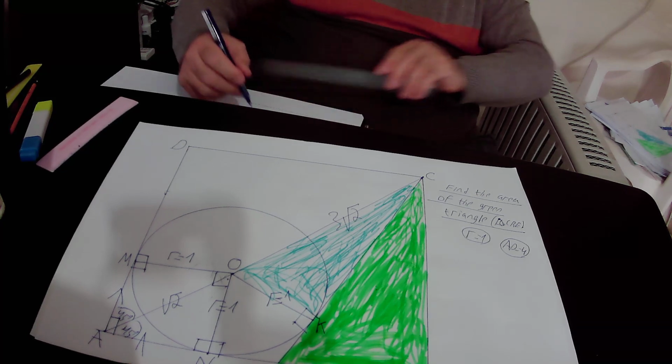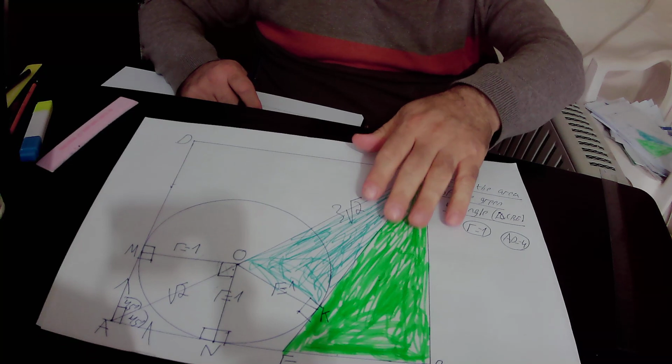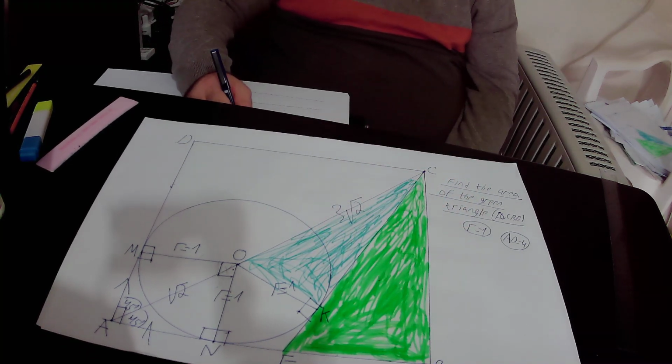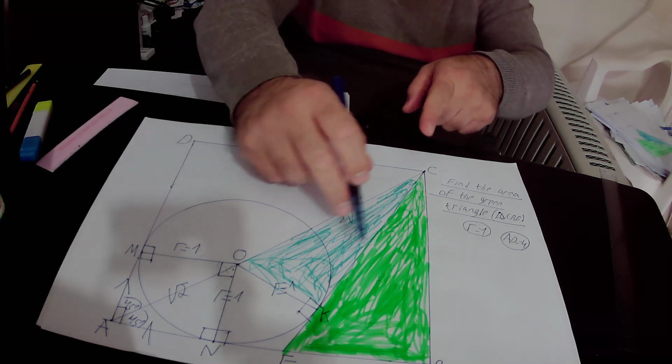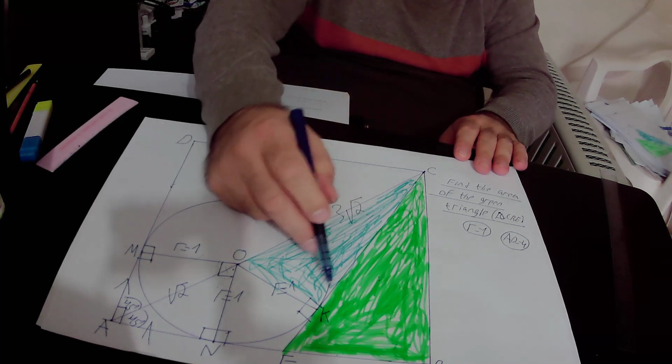And it equals the sum of the squares of the perpendiculars. That is to say, it equals OK squared plus CK squared.